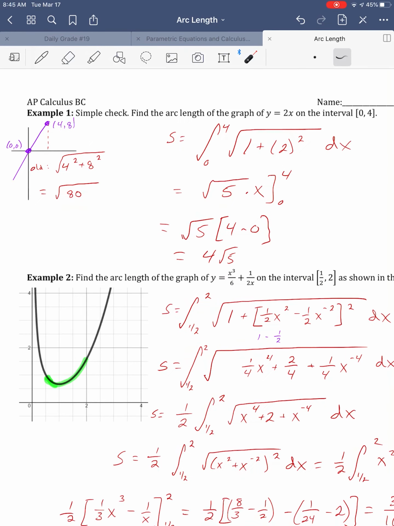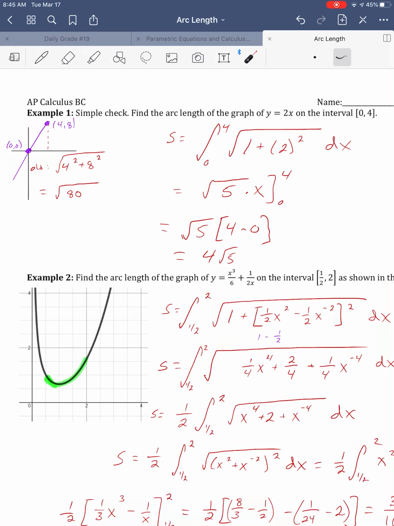Now the new way, which is totally not how I would do this problem, I would do it the old way, but just to see that it works, we've got my integral. Remember, it's the derivative in here, so don't put a 2x and write it out every time. The square root of 1 plus the derivative squared dx. So the derivative of 2x is just 2.